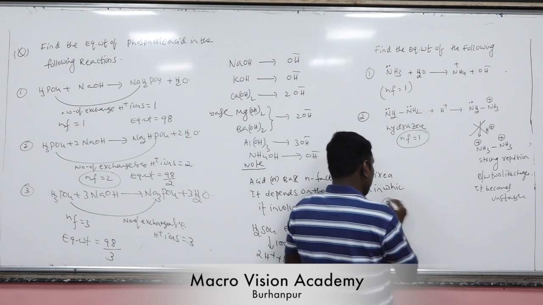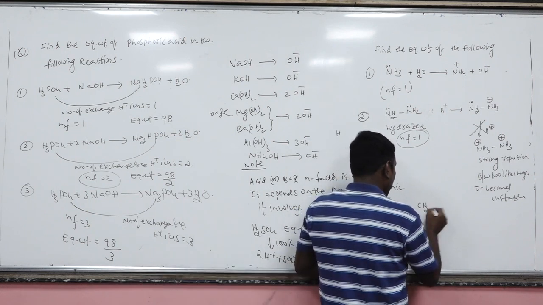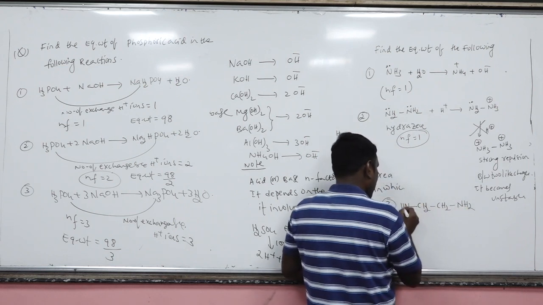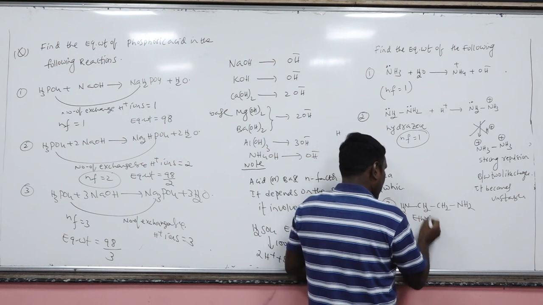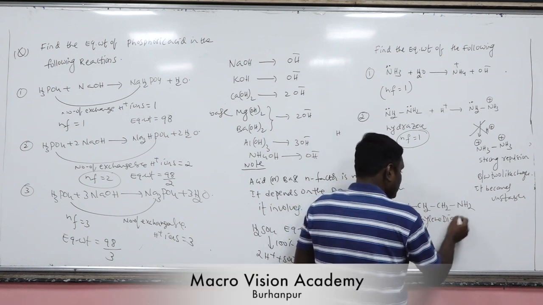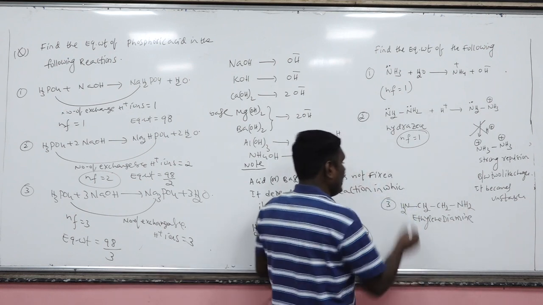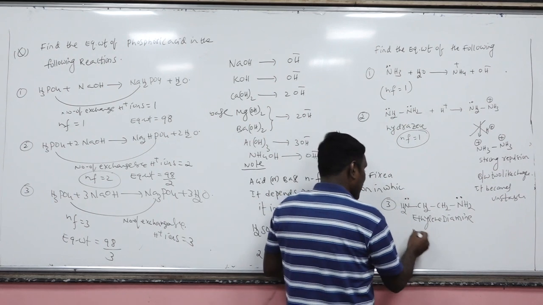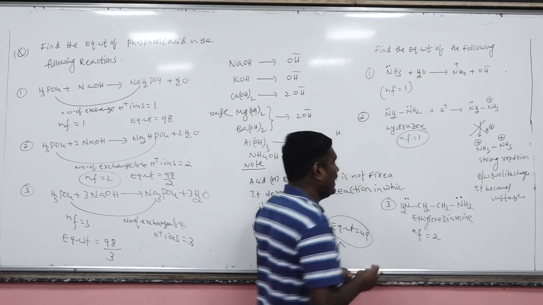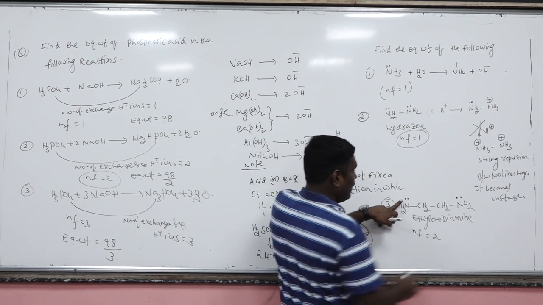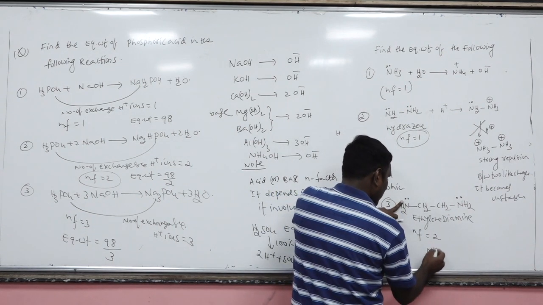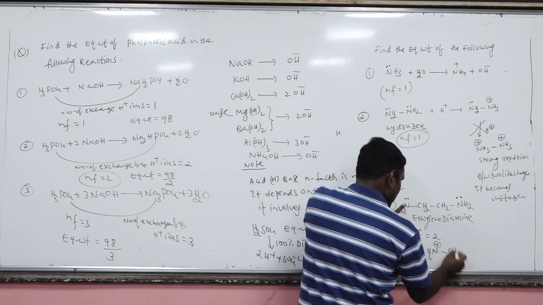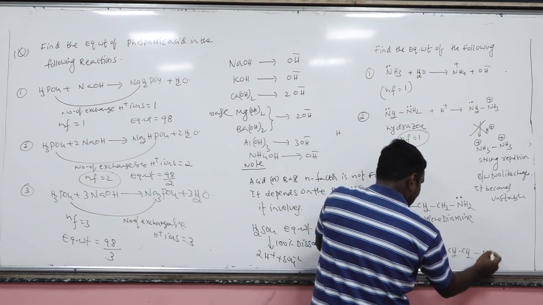Let's suppose we have ethylene diamine. Here one lone pair, here one lone pair. Now this compound has N factor 2, because if H plus is accepted here and H plus is accepted here, it becomes NH3 plus CH2 CH2 NH3 plus.